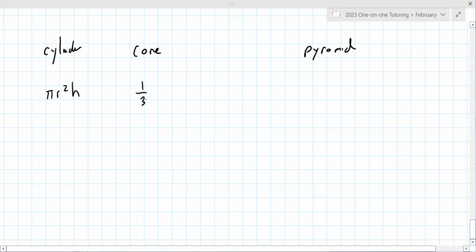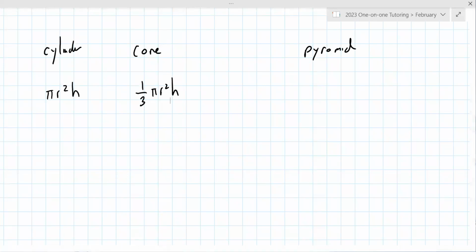For a cone, it's 1/3 pi r squared h. Okay. What do you notice that's the same or different about them? One of them, you have to add in this 1/3 part. Yes, exactly.